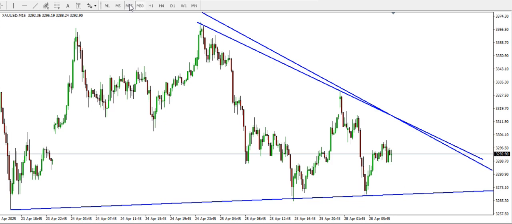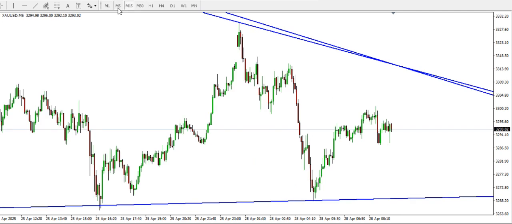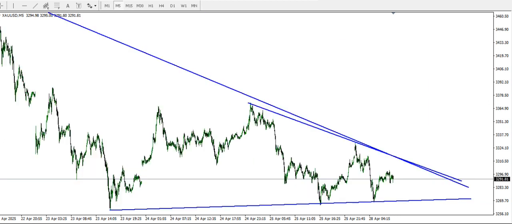On the 15 minutes time frame, same pattern, and on the 5 minutes time frame, same pattern. So for now, price is ranging. Apply caution. Look for a possible breakout to the downside.